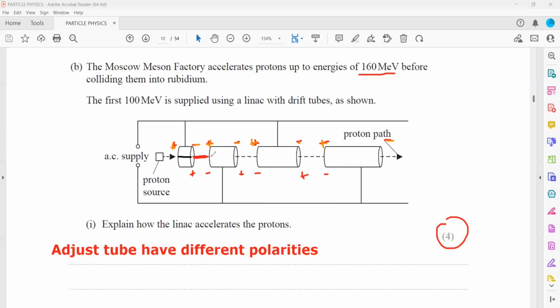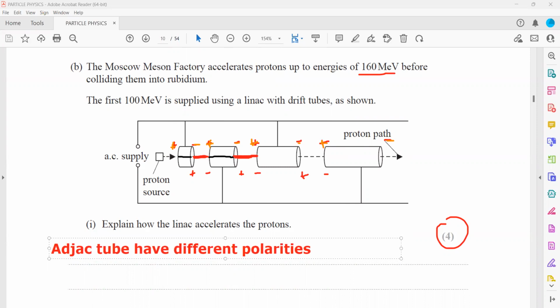But when it enters the tube, the net resultant electric field when it is moving at the center cancels out. So it is not accelerating within the tube. It only accelerates when it comes out from one tube. So there is no acceleration within the tube, only between the tubes. So adjacent tubes will have different polarities.